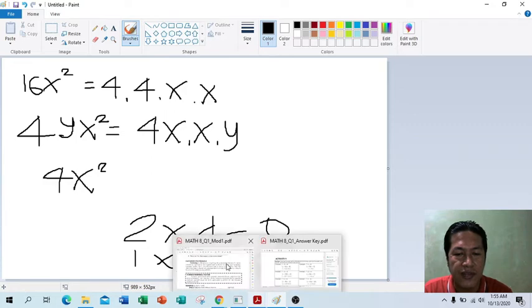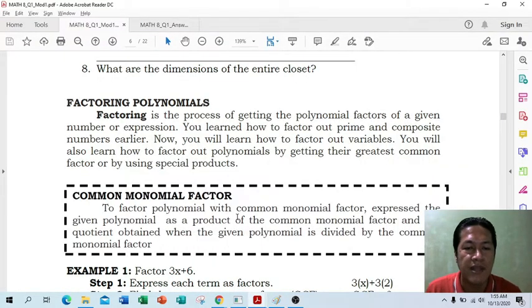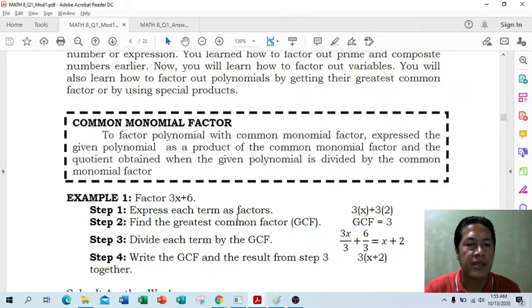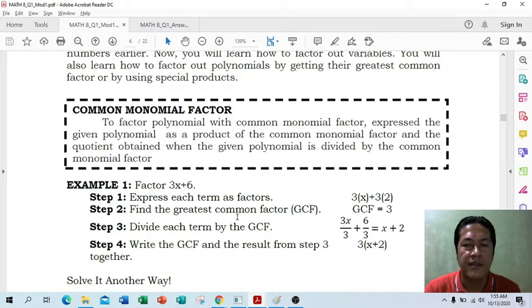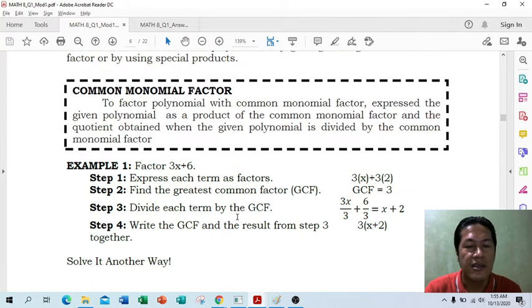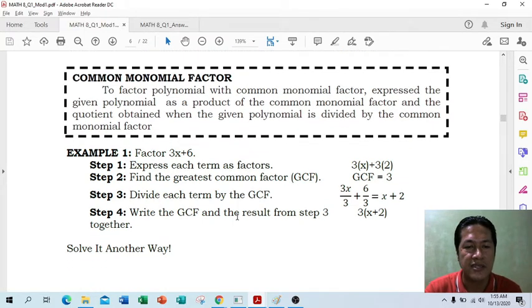So, let's illustrate. Common monomial factor. To factor a polynomial with a common monomial factor, express the given polynomial as a product of the common monomial factor and the quotient obtained when the given polynomial is divided by the common monomial factor. Example: factor 3x plus 6. What are the factors of 3x? 3 times x. What are the factors of 6 that match the first term? It can be 6 times 1 or 3 times 2. We use 3 times 2 because it matches the first term.